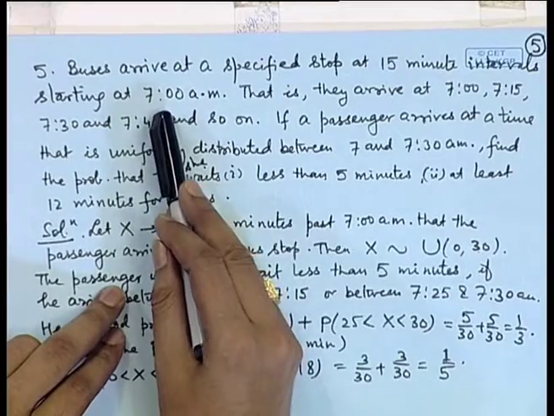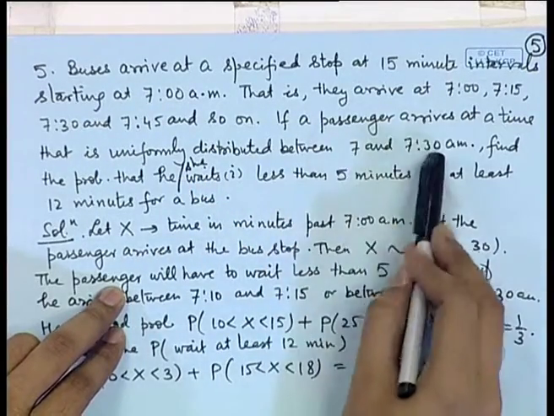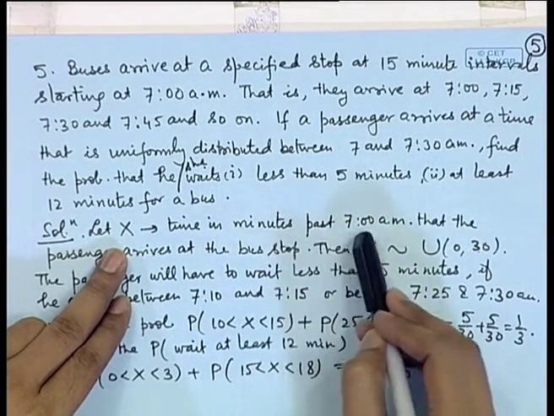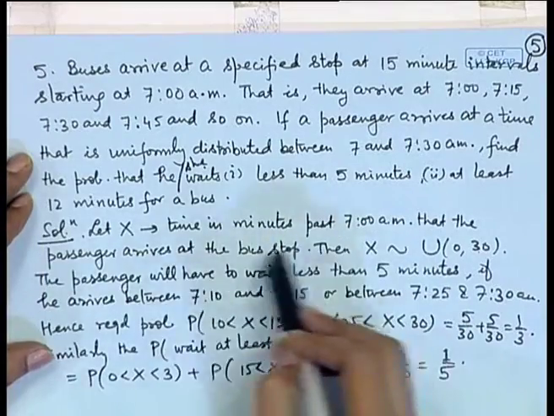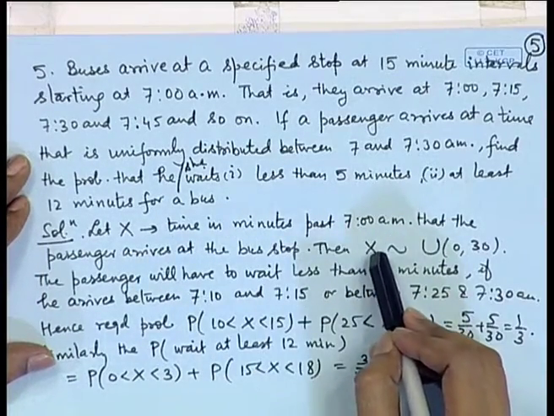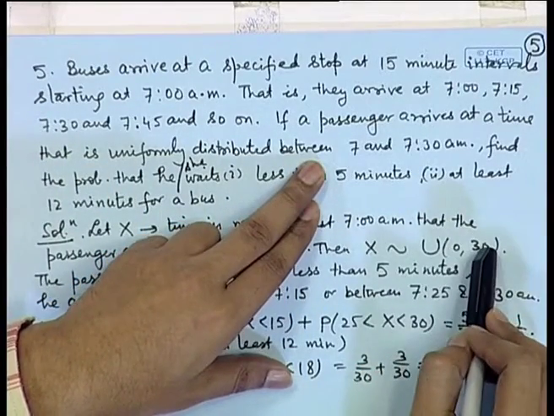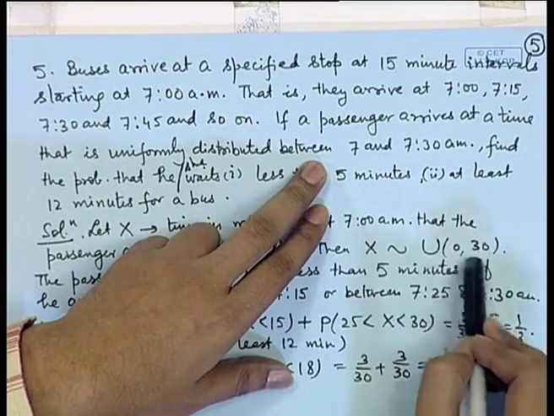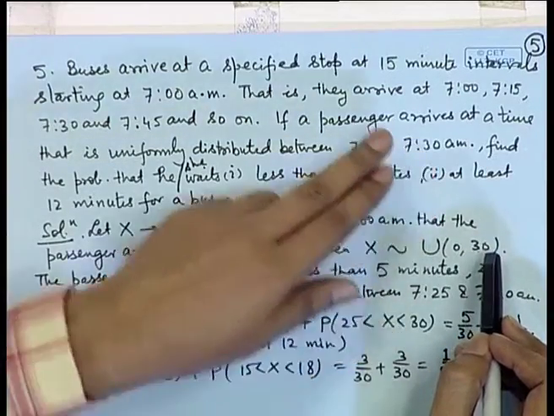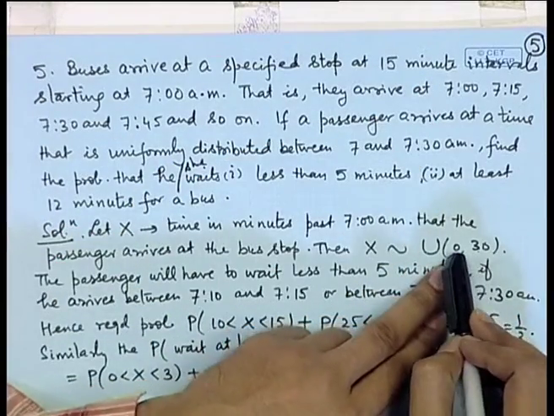Since the time of the passenger is between 7 to 7:30 a.m., if I say x is the time in minutes past 7 a.m., that is the arrival time of the passenger at the bus stop, then we can say that under the given conditions x follows uniform 0 to 30, where the measurement is done in minutes, because it is between 7 to 7:30, but we are considering the starting point as 0. So, between 0 to 30.